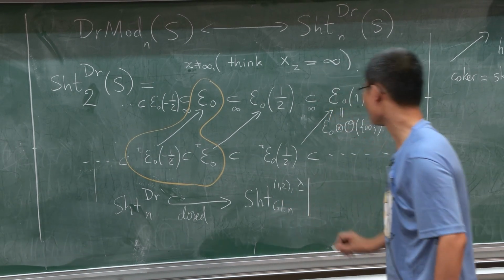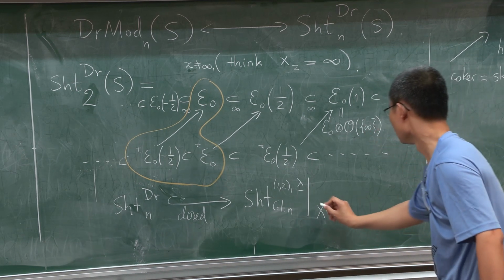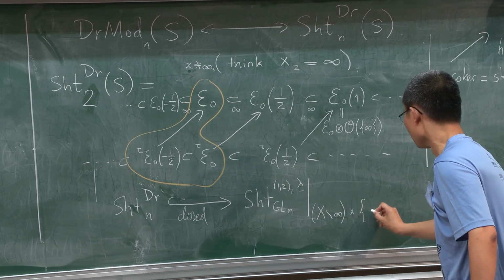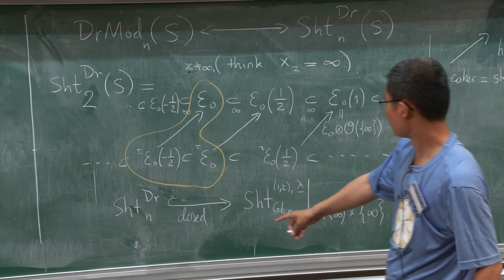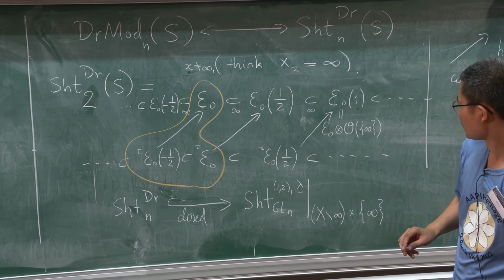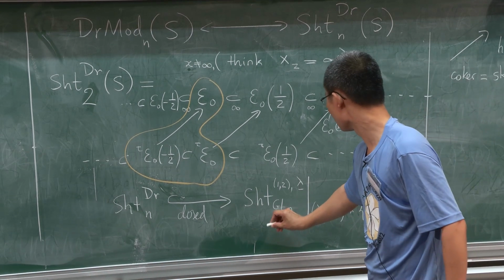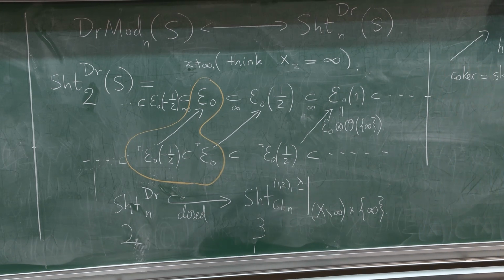Then you restrict your first leg to be away from infinity, and the second leg fixed to be infinity. It's not the whole thing, because the dimension here is 3 and the dimension here is 2. It's a divisor there.